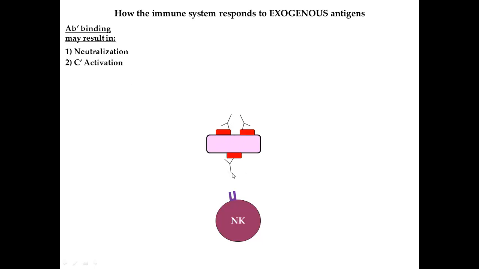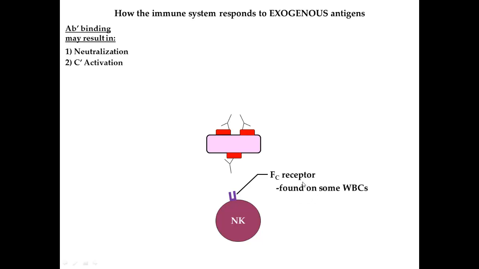Antibodies are also capable of being bound by a type of cell called a natural killer cell. Natural killer cells have a receptor on their surface called an Fc receptor. And Fc receptors are actually found on the surface of lots of different types of white blood cells.